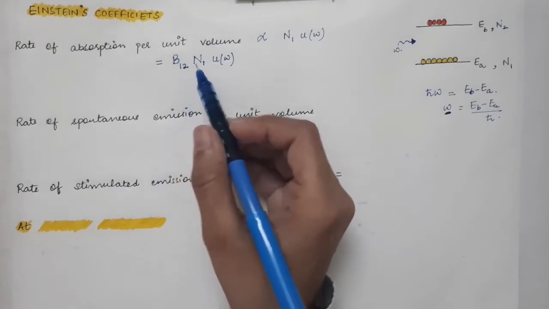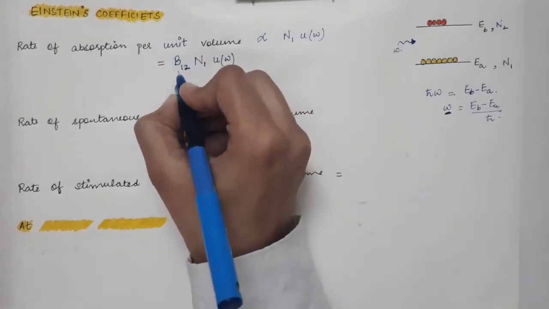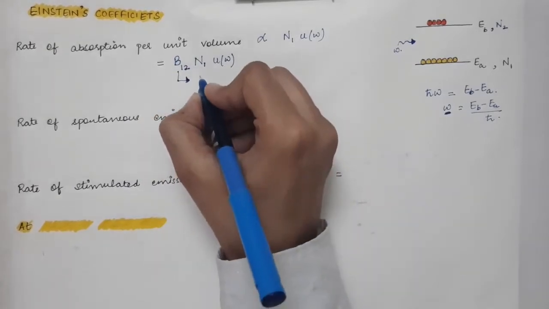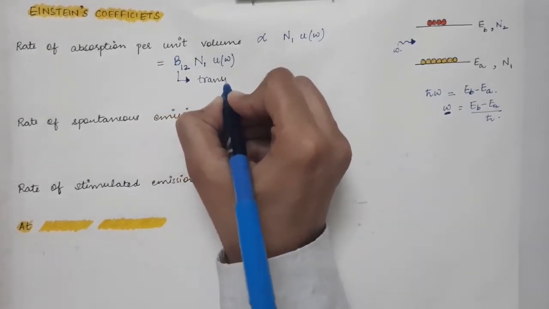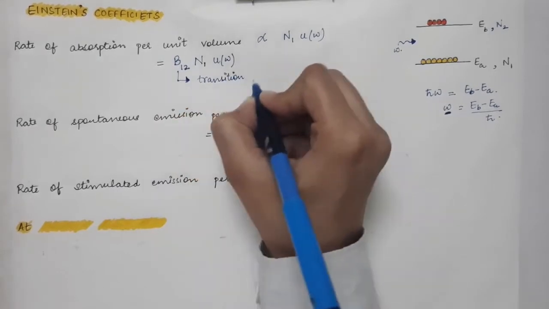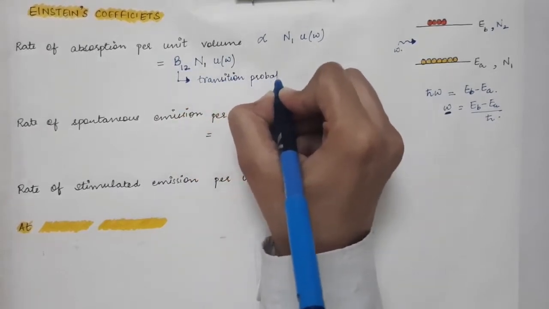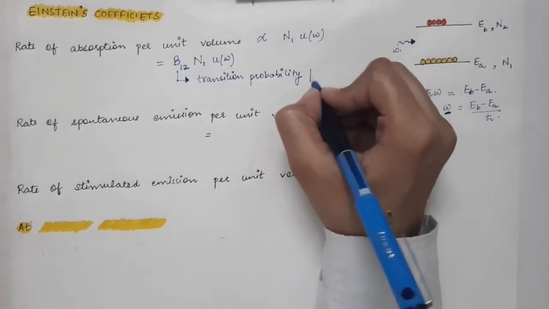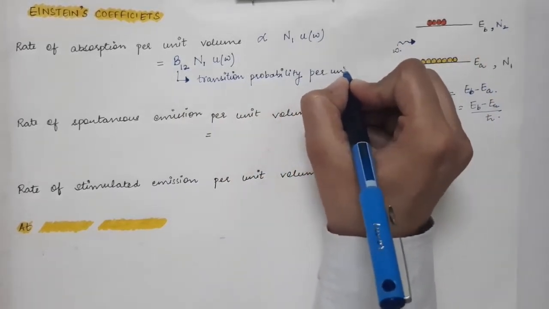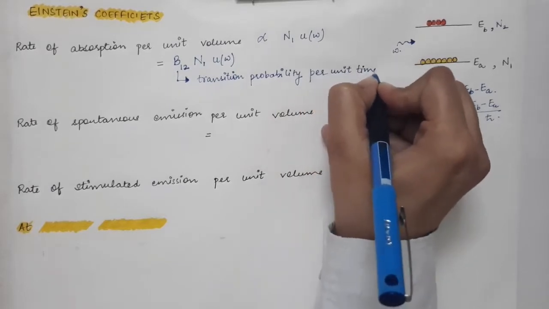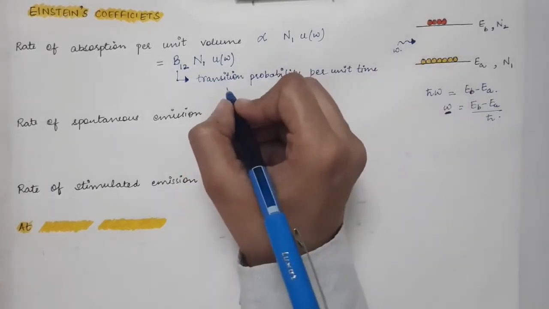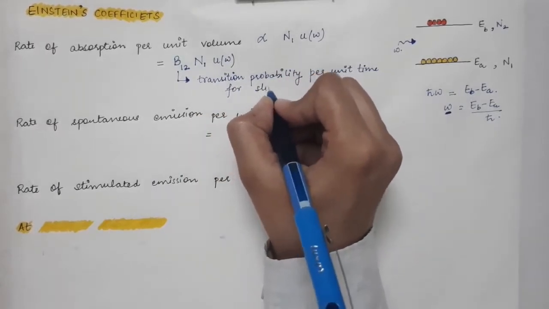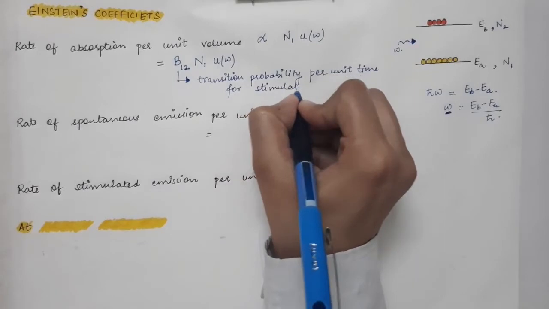And this B12 represents the transition probability per unit time for the case of absorption, or you can say stimulated absorption.